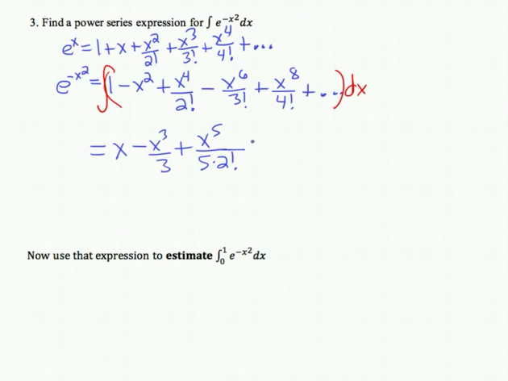And this is going to be negative x to the 7th over 7 times 3 factorial plus x to the 9th over 9 times 4 factorial plus dot dot dot. Okay, there we go. So now I think they want us to use this in this problem to actually estimate this integral.